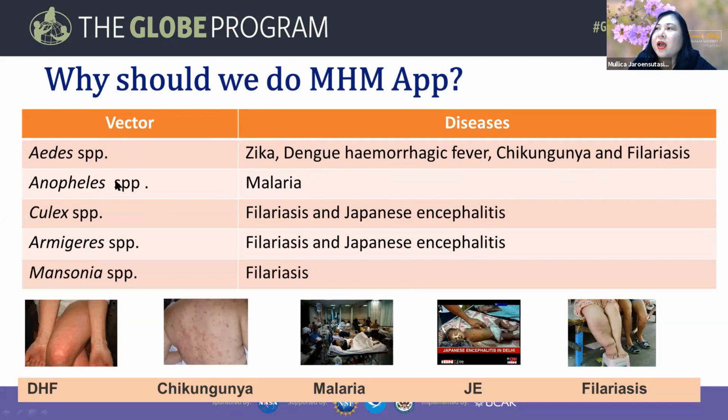If you have Anopheles in your area, you will definitely have malaria. At the moment, for malaria there are some drugs that can help you get better, but for dengue cases it's kind of harder. And Culex, Armigeres, and Mansonia, different types of mosquitoes, carry different types of disease.